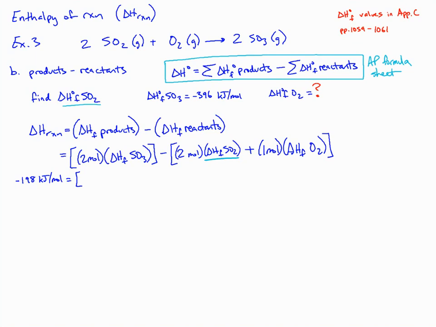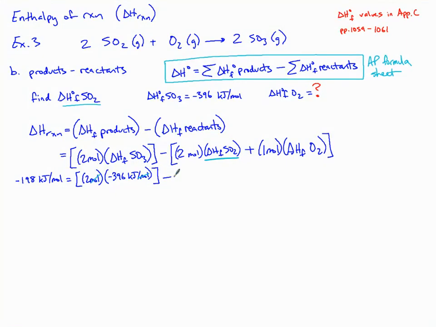All right, so we're going to have 2 moles, and the delta HF of SO3 is negative 396 kilojoules per mole. So as we go along, the moles will be canceled.